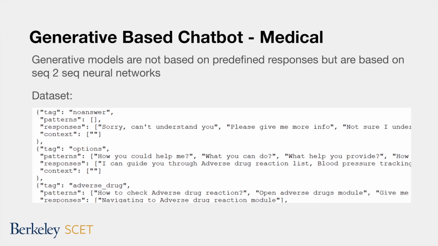The context is there for if it wants to use the response of a different tag. So if no answer wanted to use the responses of options, context would put in the string options. As you can see with the tag adverse drug, they're dealing with a medical-based chatbot.